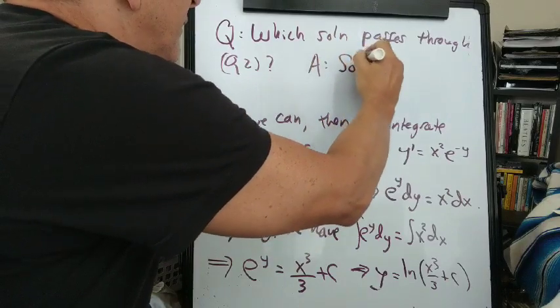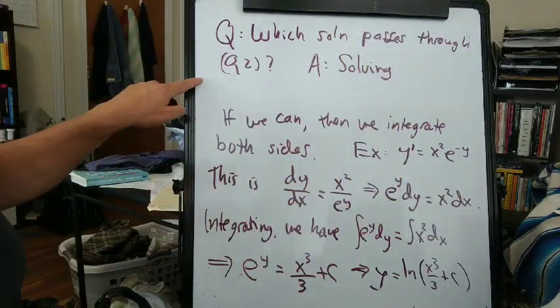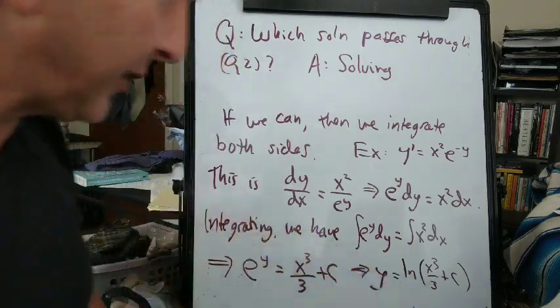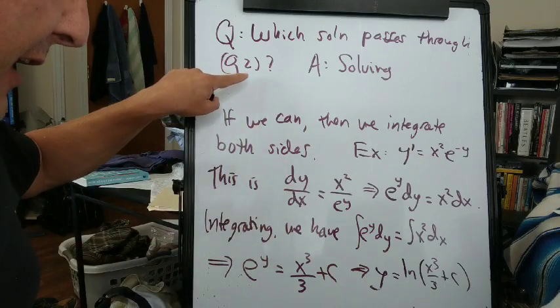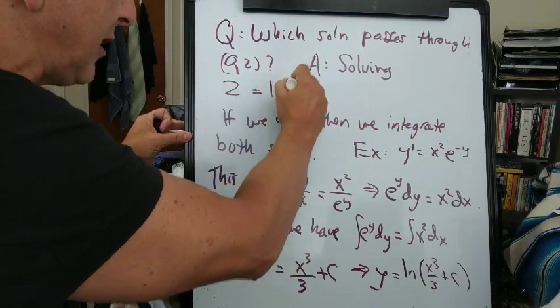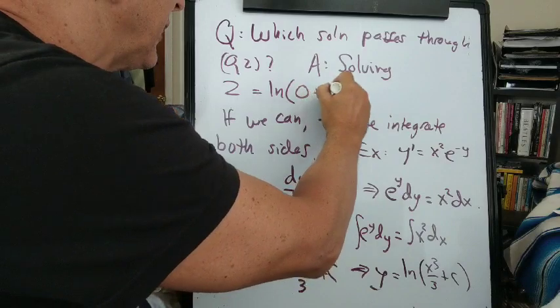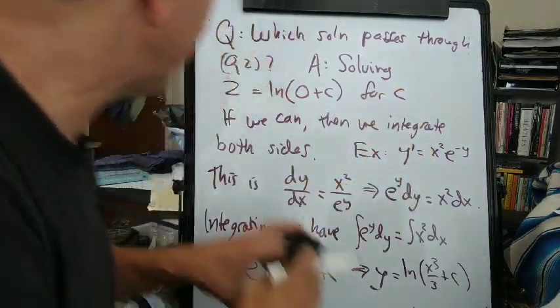So to answer that, our solution is y equals log of x cubed over 3 plus c. So we'll plug in 0 for x and 2 for y. 2 equals log of 0 cubed over 3, which is 0, plus c. So we solve that for c.